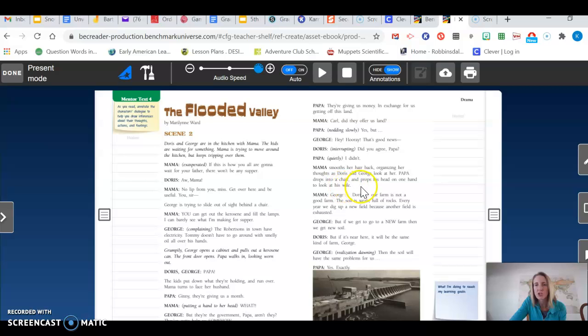Papa drops into a chair and props his head on one hand to look at his wife. George, Doris, our farm is not a good farm. The soil is weak, full of rocks. Every year we dig up a new field because another field is exhausted.